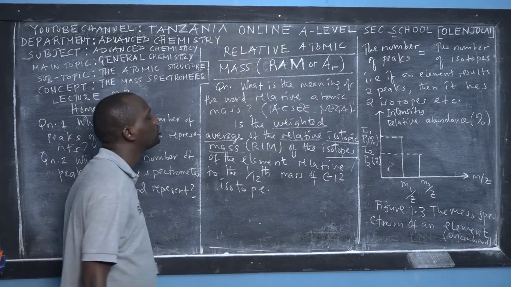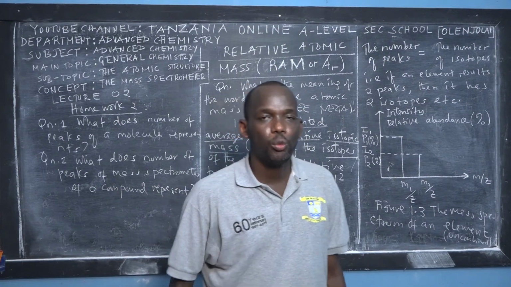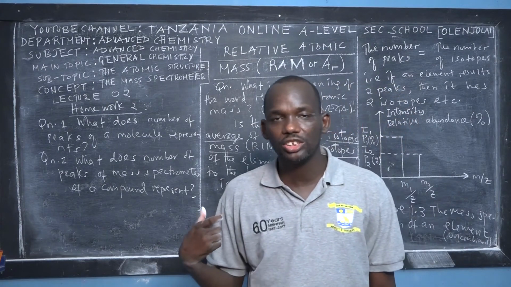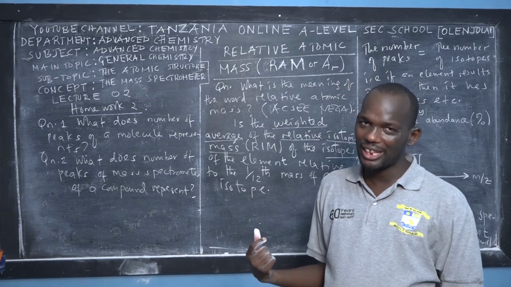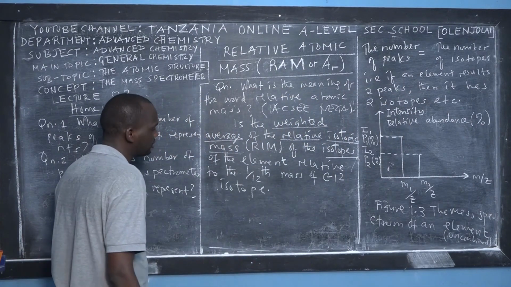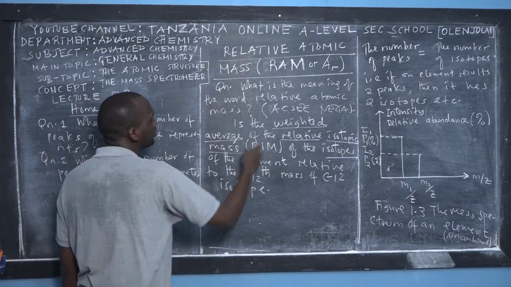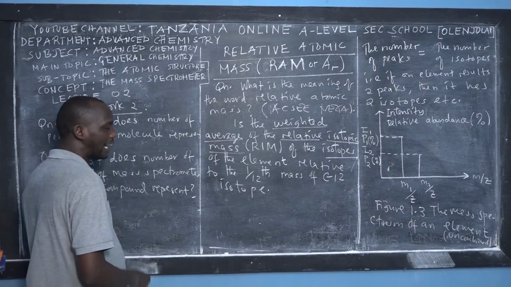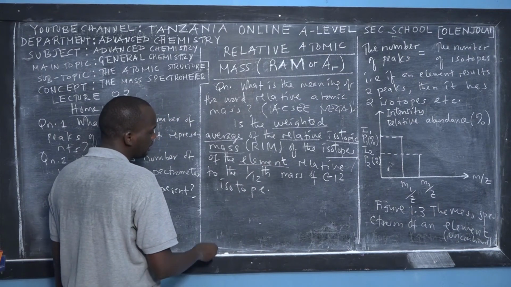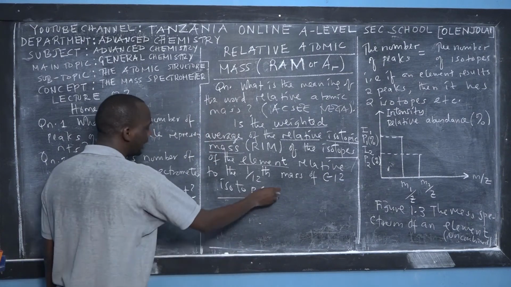It's weighted because it does not involve only summing and division. It's weighted because it involves three operations: multiplication, addition, and division. That's the meaning of the word weighted. Understand it and bear it in your mind. So this is the weighted average of relative isotopic mass of the isotopes of the element, relative to 1/12 the mass of a carbon-12 isotope.